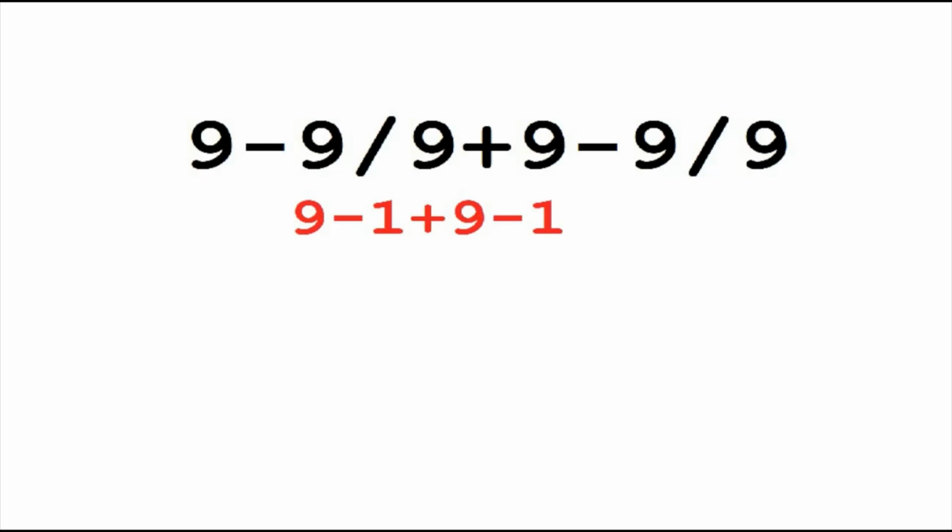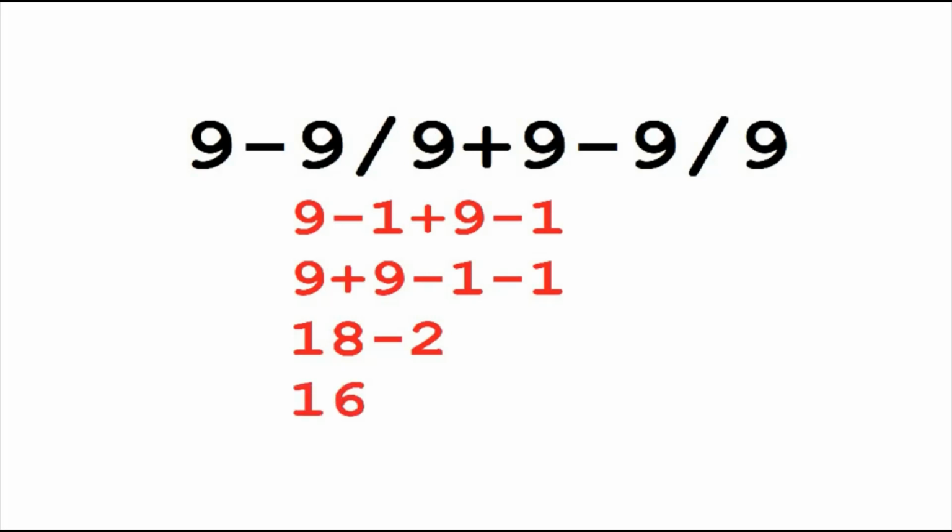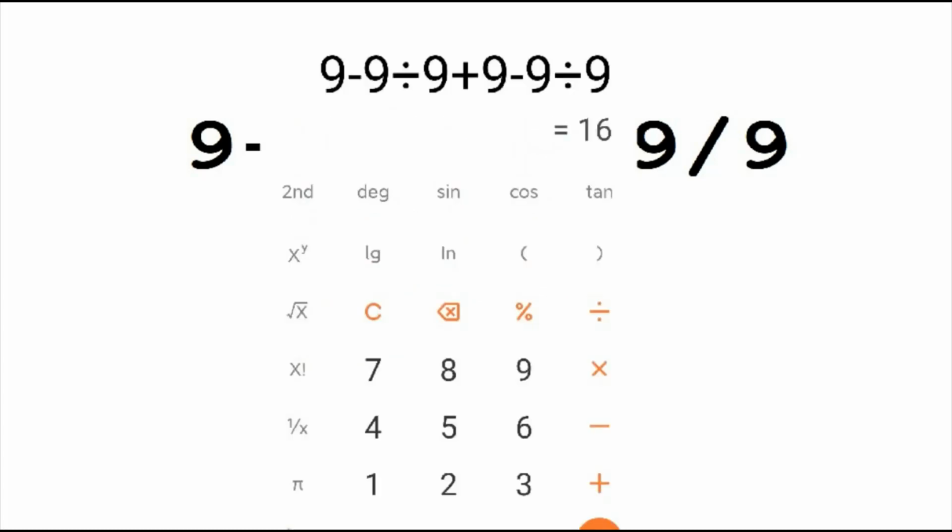At this point, I recommend rewriting it so that the addition is on the left side and the subtraction is on the right side. Now it is clear what to do. So 9 plus 9 is 18, and minus 1 plus minus 1 is minus 2. And 18 minus 2 is 16, and that is our answer. The calculator shows that we are correct.